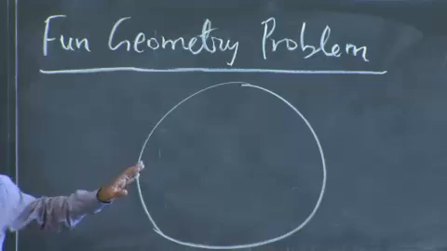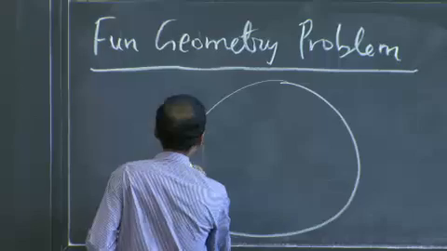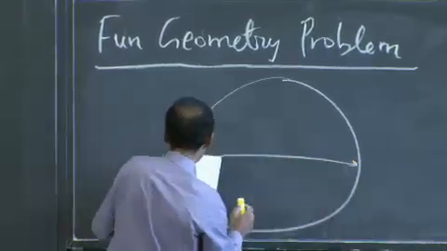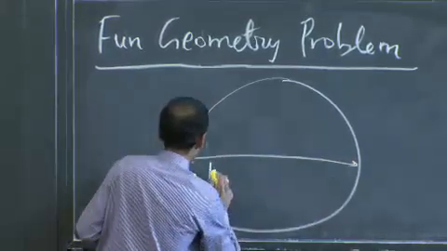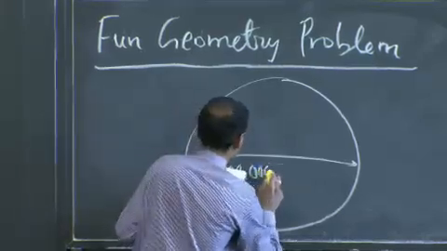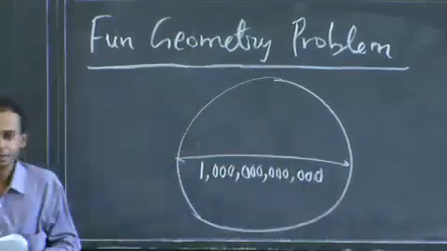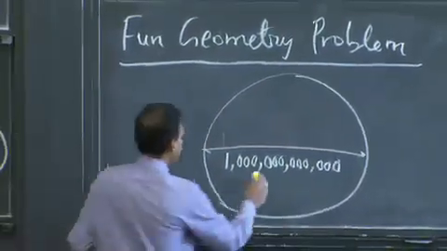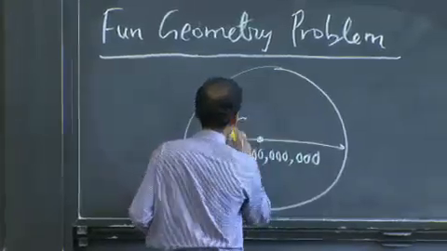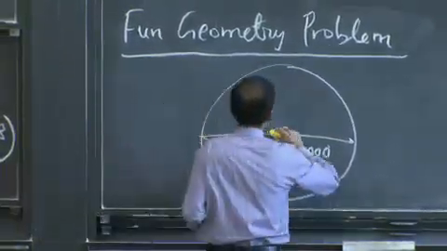So what is that? Well, that's supposed to be a circle, in case you had forgotten. And the circle here is a really big circle. It's 1 trillion units long. I'm into big numbers today. The center of the circle is C, for center.